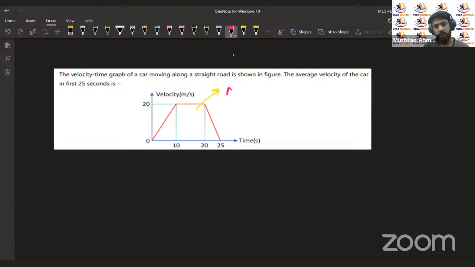If we calculate the area for this velocity time graph, this will represent nothing but the displacement. And if we divide this total displacement by the time interval of 25 seconds, we'll get the average velocity.